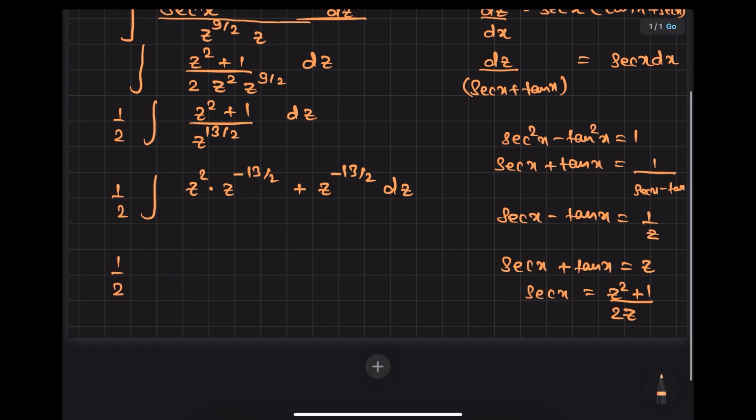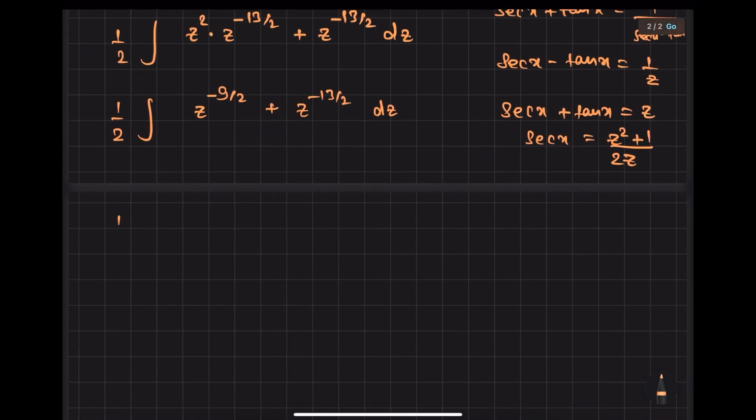It requires a little bit more simplification. So I will be writing z power, this is 4, so it will become what? z power (4 − 13/2), which is minus 9/2, plus z power minus 13/2, dz.